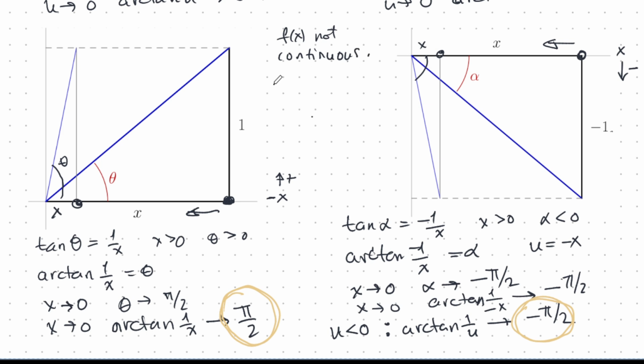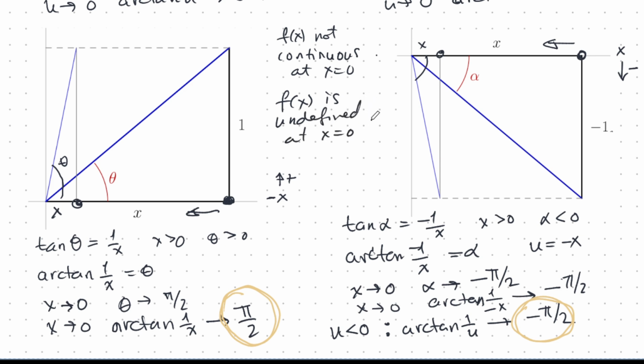The problem is bigger than that. Saying it's not continuous at x equals 0 is kind of understating it a bit. The real problem is f of x is undefined at x equals 0.